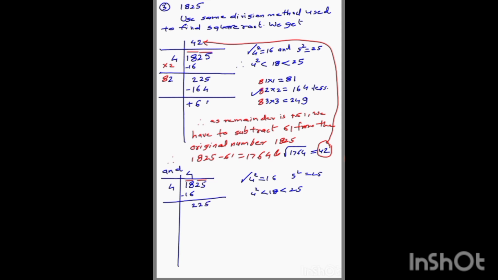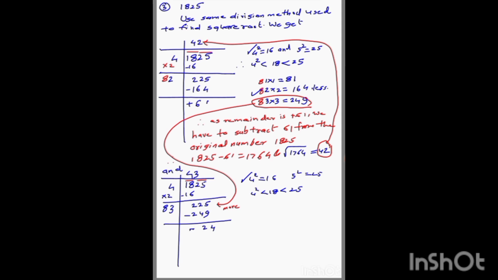Now see this, we will take 83 into 3 because we have to go above 225. I am bringing it here. We have already done it, we are just taking it. So that 249 is greater than 225. So 83 into 3 is 249. Very intelligent method. So subtract it. You are getting 24, I think. Yes, 24. But this is minus 24.